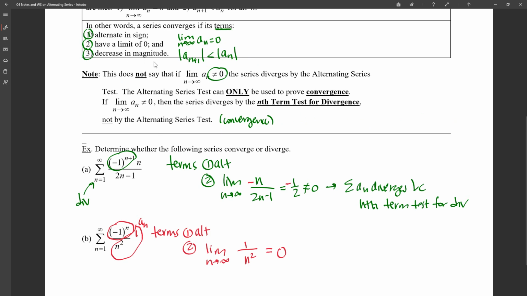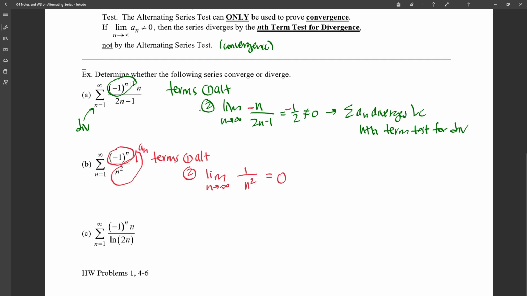Now I need to see if, third, the terms decrease in magnitude. So let's think about these terms. Do they decrease in magnitude? Well, I only need to look at the absolute value, so I need to just look at this a sub n. If I put in 1, I'll get 1 over 1 squared. If I put in 2, I'll get 1 over 2 squared.